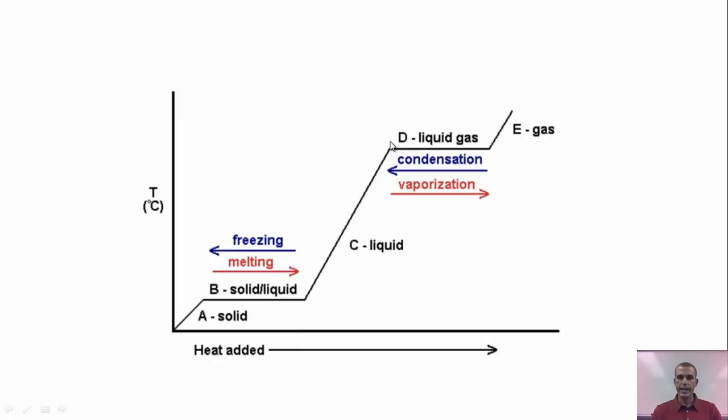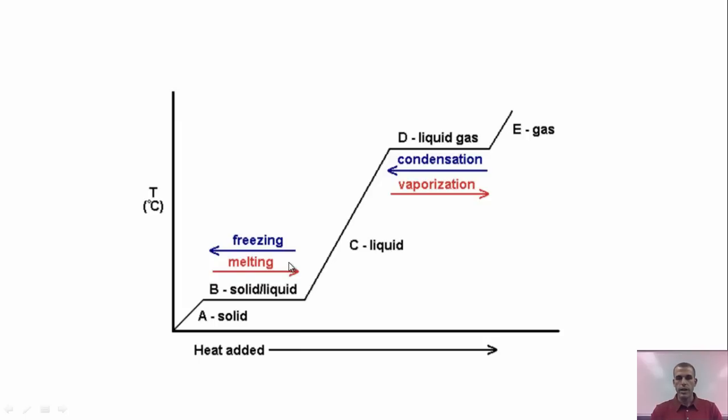It's liquid to gas, and as we add more heat, notice the temperature's not really increasing, but we are adding more heat to it, and eventually that liquid can become gas, as when boiling water. Now again, this process can be reversed, going from the gas down to the liquid. Condensation occurs, and then from the liquid to the solid through the process of freezing. So that could also occur in that particular way.